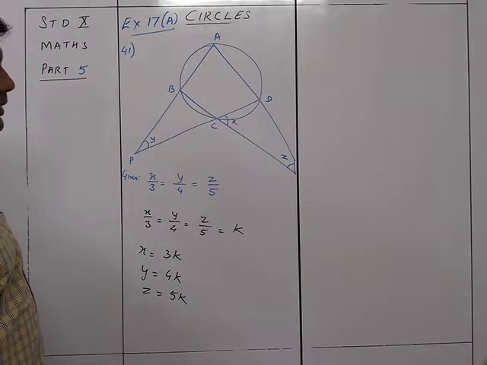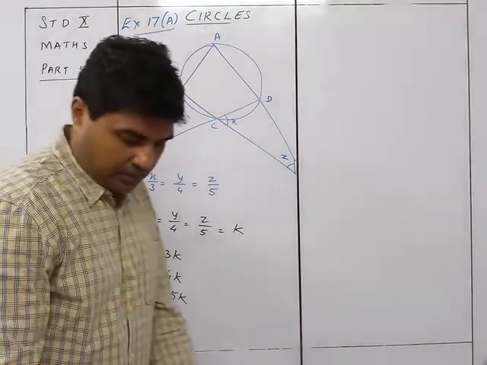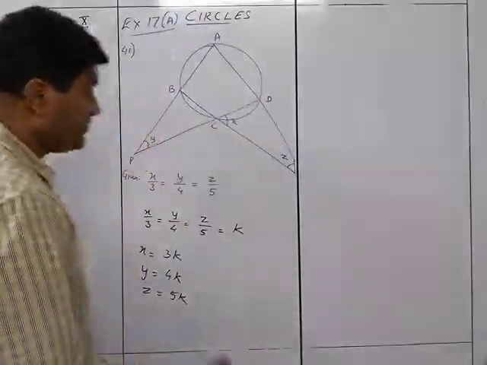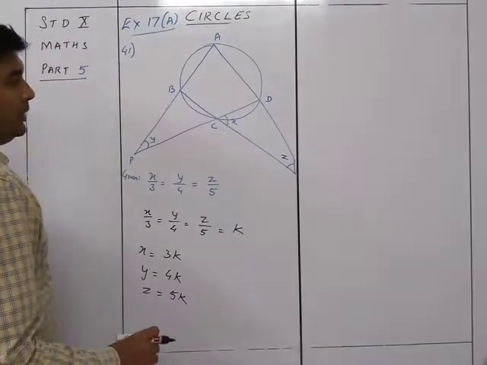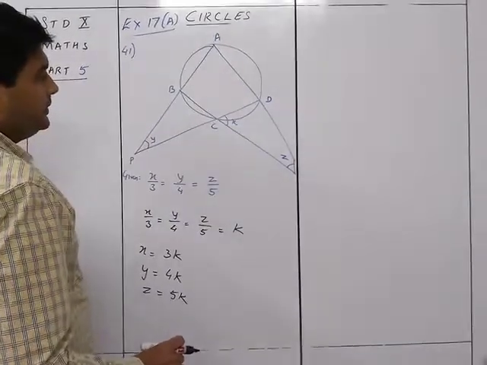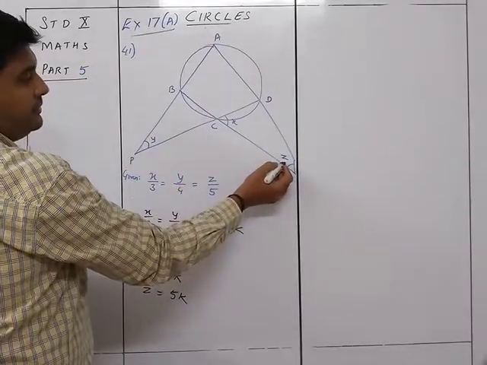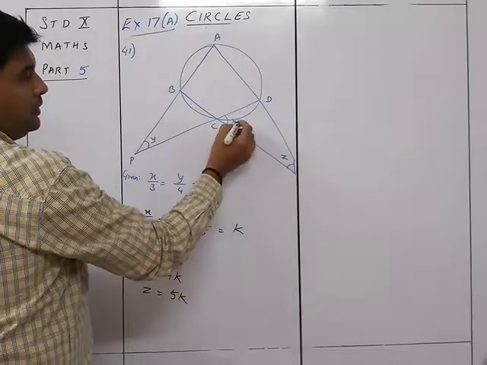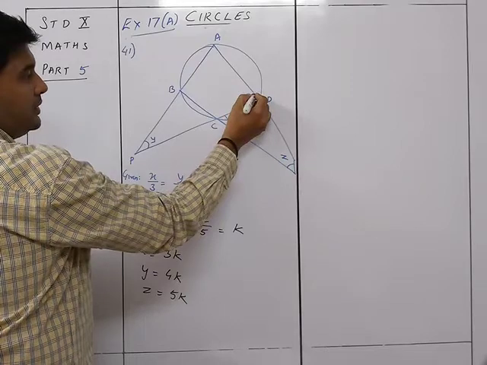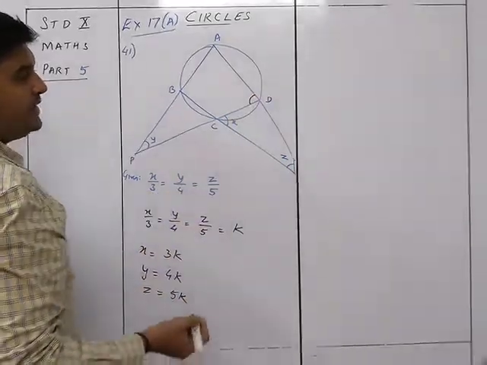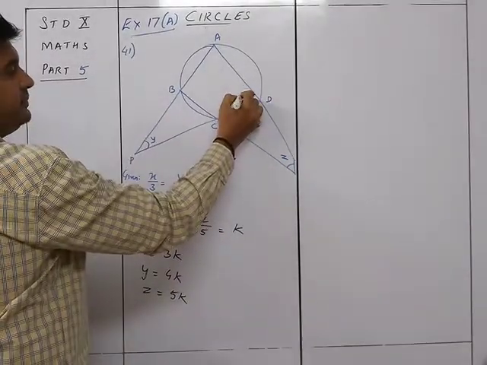So let's see what possible things there are over here. Okay, we can see that if this is x and this is z, then this angle over here will be the exterior angle x plus z.